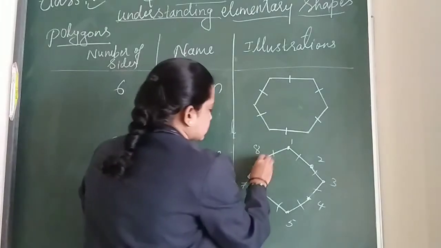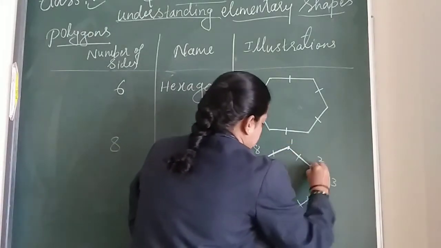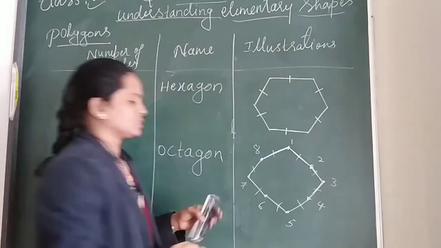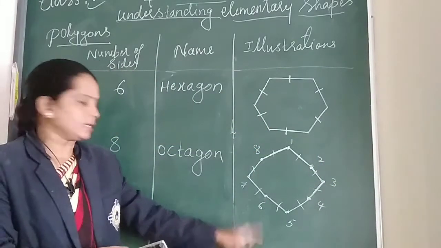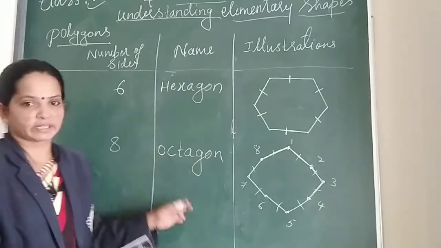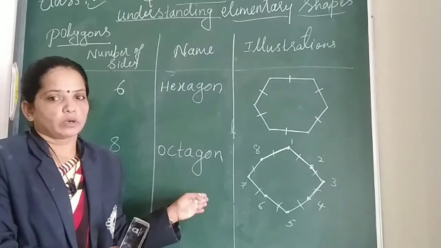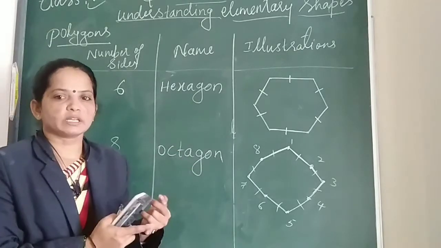So a polygon with 8 line segments is named an octagon.